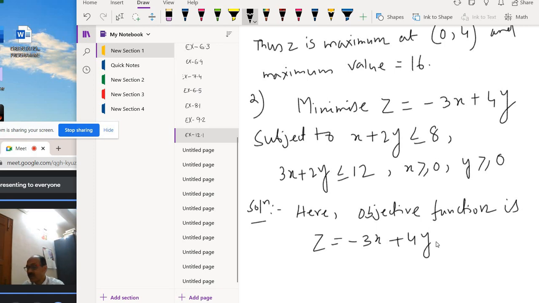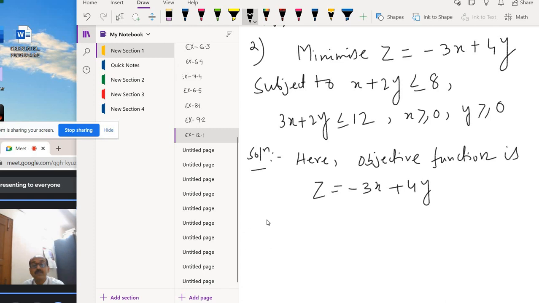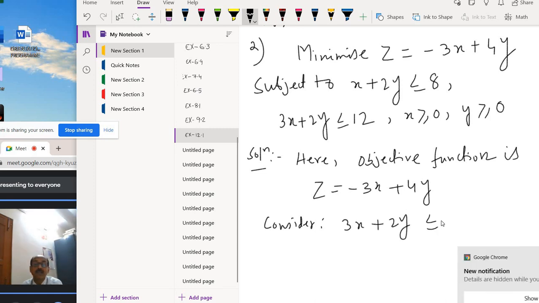Now take the inequalities one by one, that is 3x plus 2y less than or equal to 12.